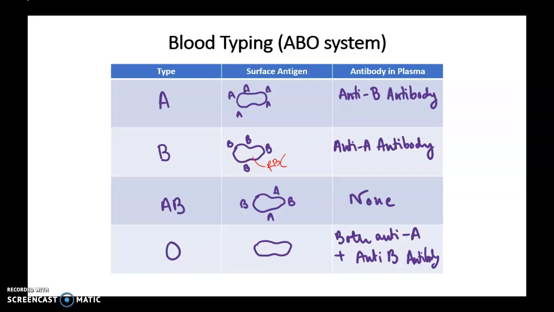Does that make sense? So a person with blood type A has A antigen on the surface of RBC, and this person's body will not produce anti-A antibody against it because antigen A is self. The body knows A antigen. It recognizes the A antigen as its own. However, his body will produce anti-B antibody.